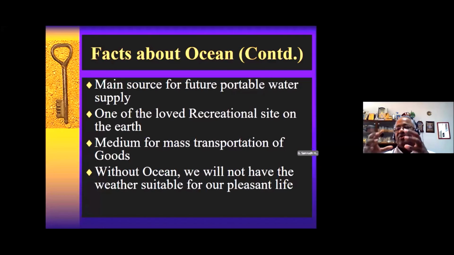When you have 4 degrees centigrade water in a bottle in your home, you go and touch the water, it is chill. Correct? Why do you feel chill? Because the temperature of the room is 24, 25 degrees, water is 4 degrees. So you touch it, you feel chill. So what ocean is doing, because the average temperature is 4 degrees, it is working as an air conditioner for the whole earth. It is modulating the whole earth.